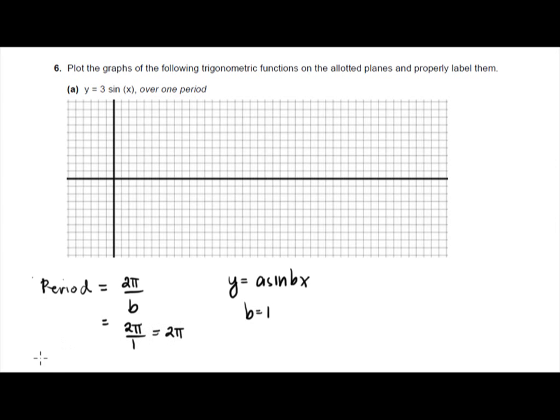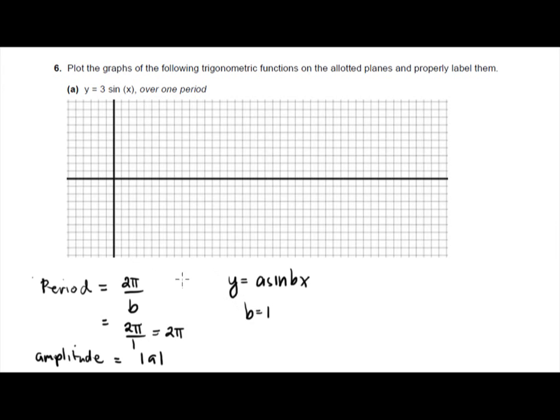The next value that you need to compute is what we call the amplitude. The amplitude is the height of the graph from its center. So that's how high you will go from the center and how low you can go from the center. And the amplitude is simply the absolute value of A. So why absolute value?